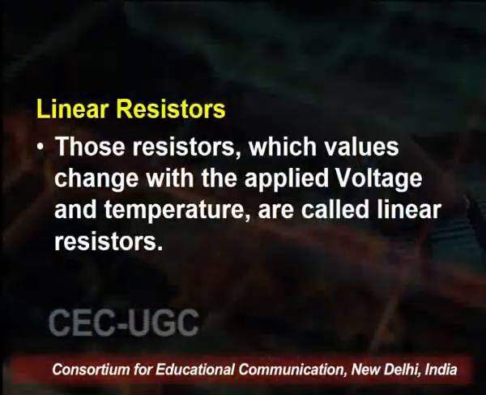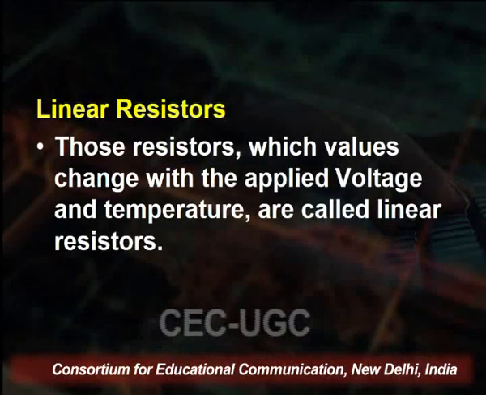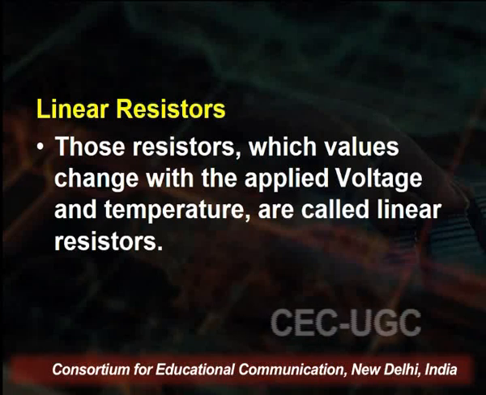Those resistors whose values change with the applied voltage and temperature are called linear resistors. A resistor whose current is directly proportional to the applied voltage is called a linear resistance.